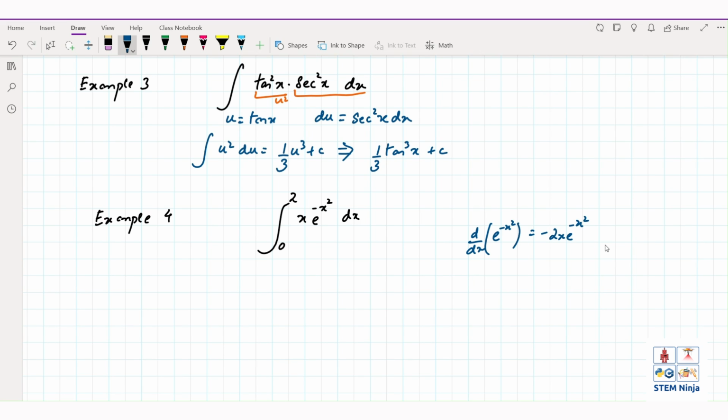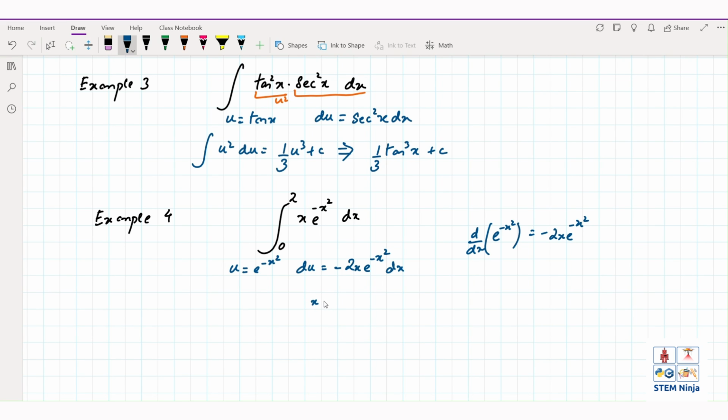That's perfectly fine. What we can do over here, this would mean that we can take u as e raised to power minus x squared, which would mean that du is going to be, same thing, minus 2x e raised to power minus x squared dx. And if we want to use just x, we can divide 2 on the other side.